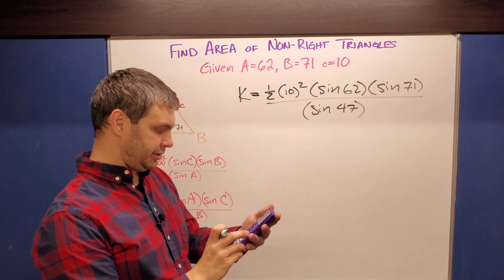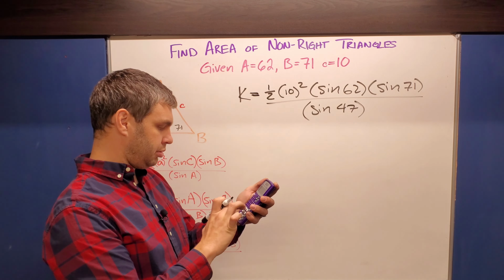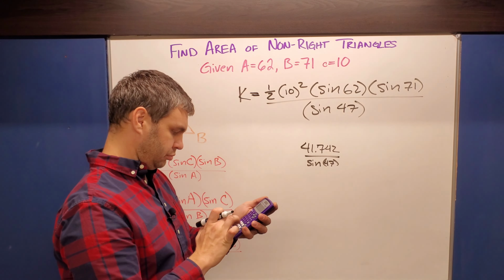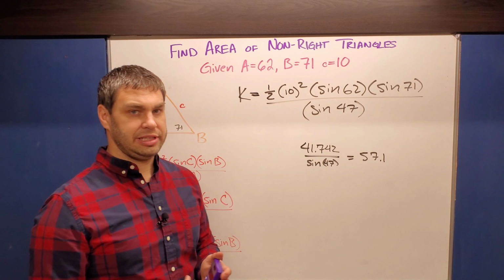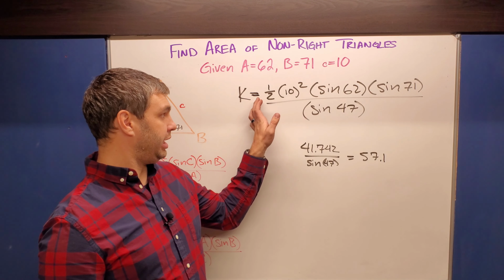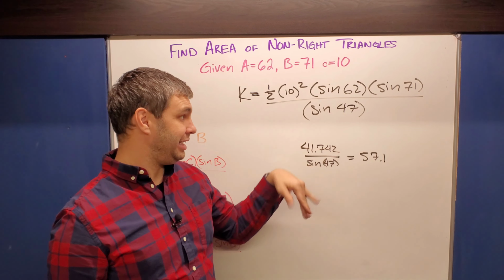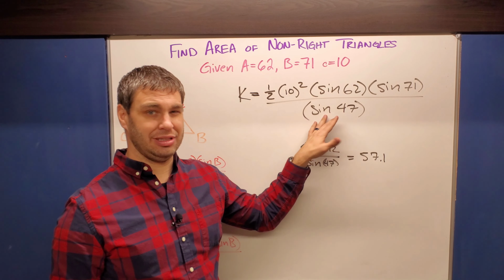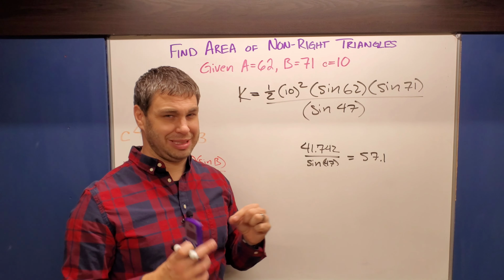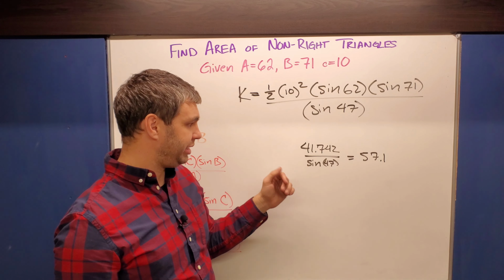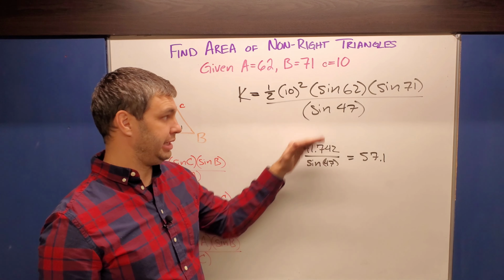All right, so let's do that here. I'm going to type this in real quick for you. All right, so you'll notice I did a couple things there. One, I just typed in the entire top in the calculator and hit enter, and then I went ahead and divided by sine of 47. With those parentheses and things, it's easy to get off, so if you want to be careful, just do the whole top and then divide that by your bottom one.